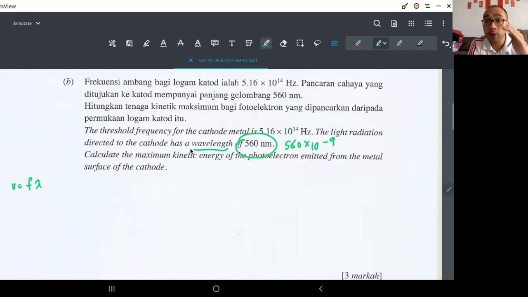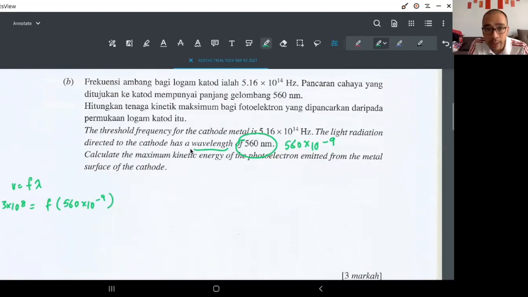This is the total energy calculation. You calculate the frequency first, by substituting the speed of light, 3 times 10 to the power 8, then f, and then 560 times 10 to the power negative 9.